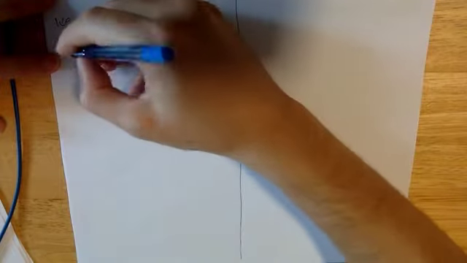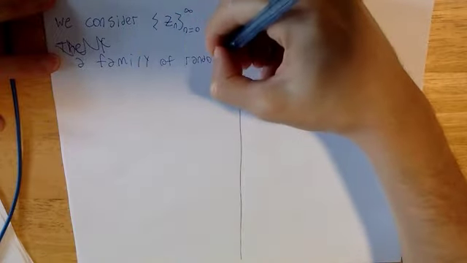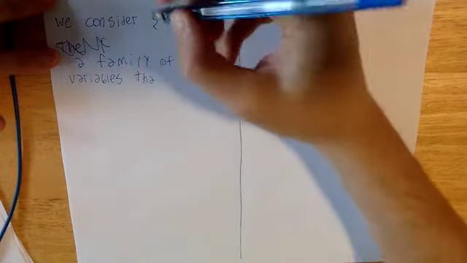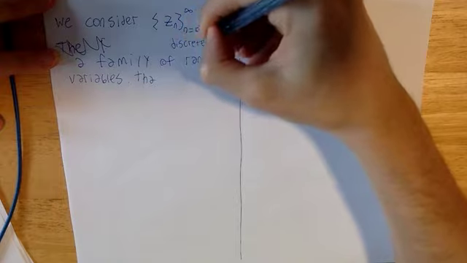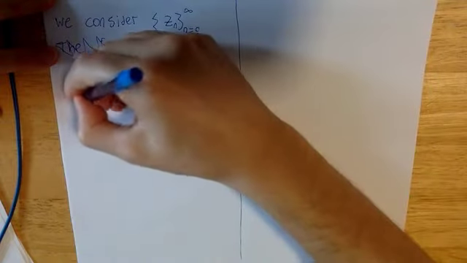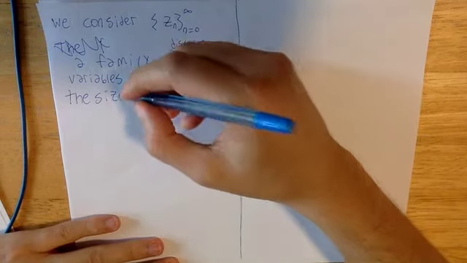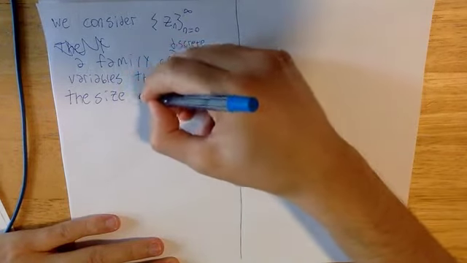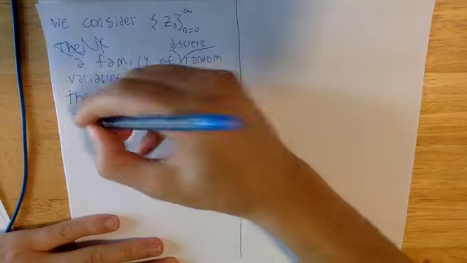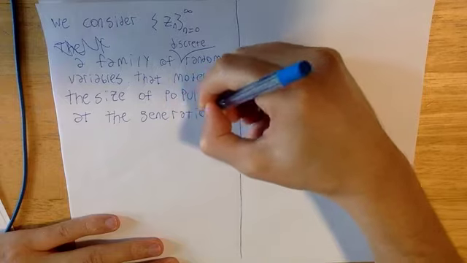A family of discrete random variables that models the size of the population at the generation n.